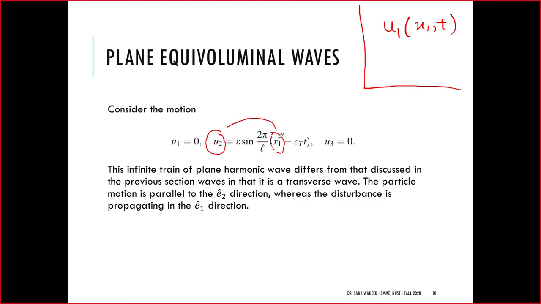Here what happens, okay, the particles actually move up and down, whereas the wave is traveling in this direction, in the x1 direction. So this type of a wave is actually, because as I said, the displacement is transverse to the direction of propagation of the wave, it's known as a transverse wave.